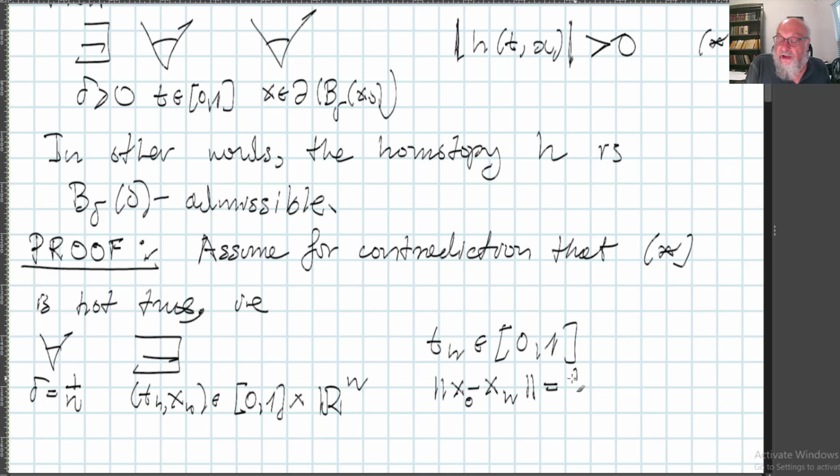That means simply here that xn belongs to the boundary of the ball B delta of x naught. So that would contradict the statement.